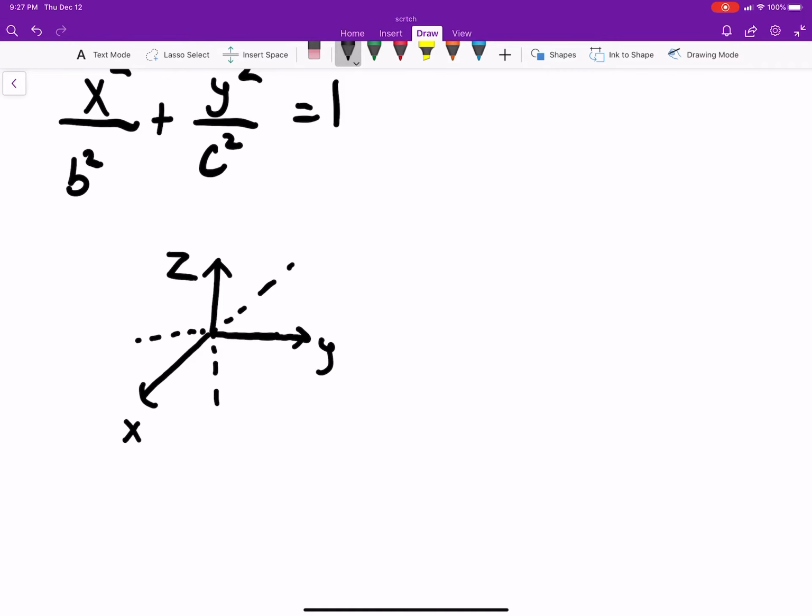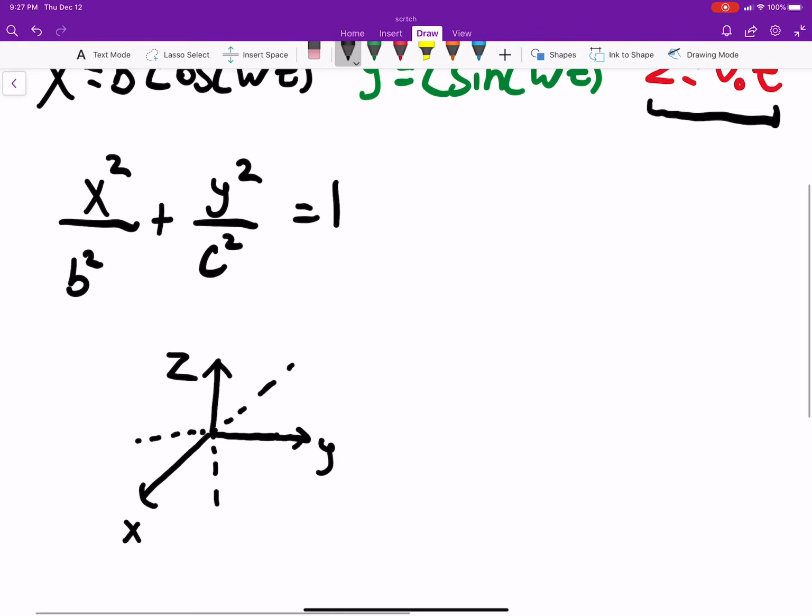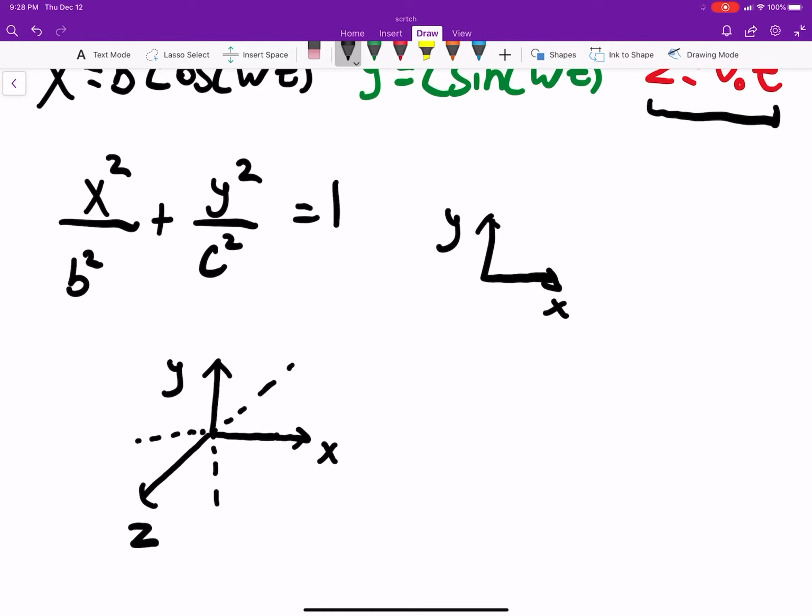So if you imagine if we just had an xy plane, or let's switch these actually. If we looked at just an xy plane, we got an ellipse, however it might have looked.